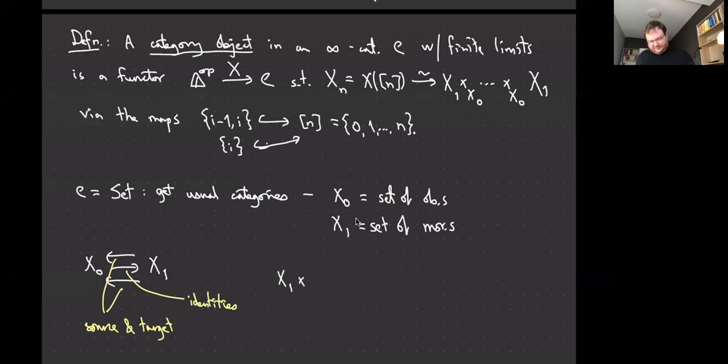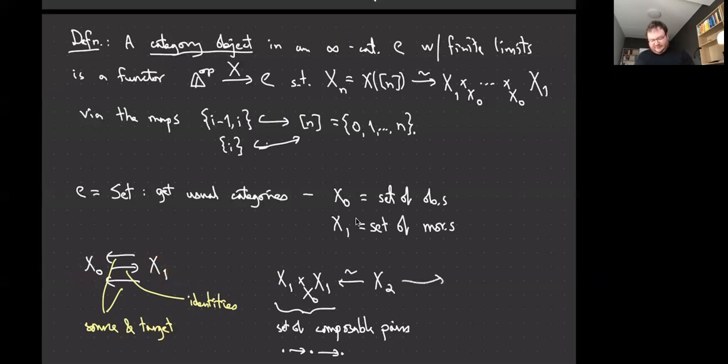If I look at this fiber product of two copies of x1 over x0, then this is the set of composable pairs of morphisms. So I have two morphisms, and the target of the first is the source of the second. That's what this fiber product says. If I think of the maps from x1 to x0 as assigning sources and targets, that's now isomorphic to x2.